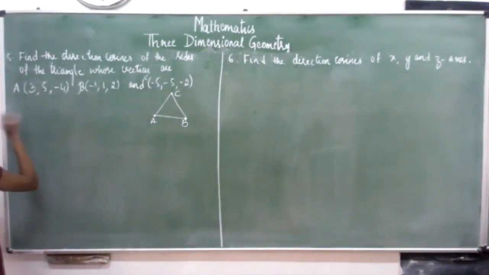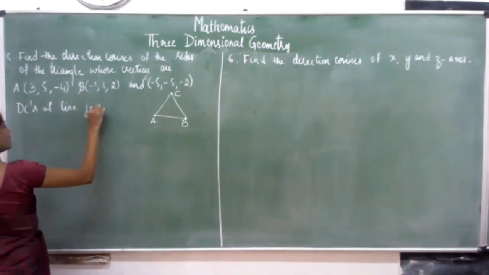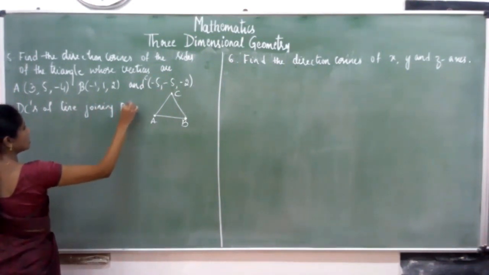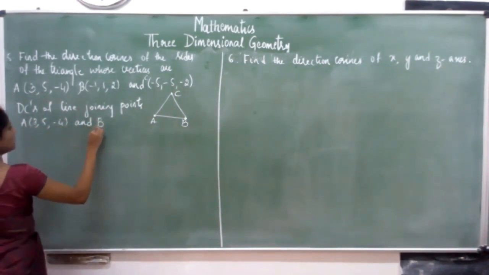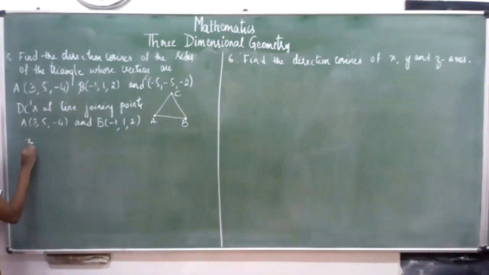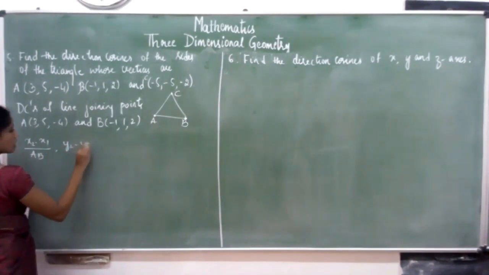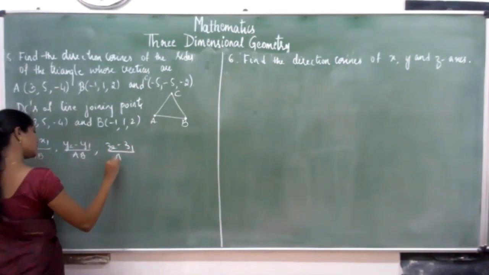So first, I am finding the direction cosines of the line joining the points A of 3, 5, minus 4 and B of minus 1, 1 and 2. So what is the formula? (x2 minus x1) by AB, (y2 minus y1) by AB and (z2 minus z1) by AB.